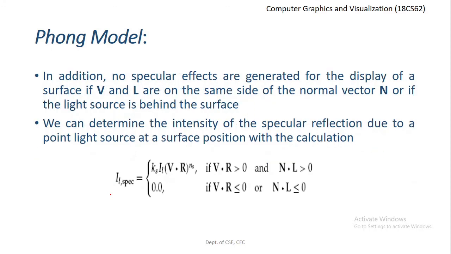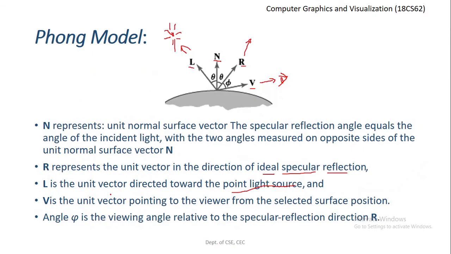Now, in addition, no specular effects are generated for the display of a surface if the vectors v and l are on the same side of the normal vector n, or if the light source is behind the surface. Let's go back to this diagram.